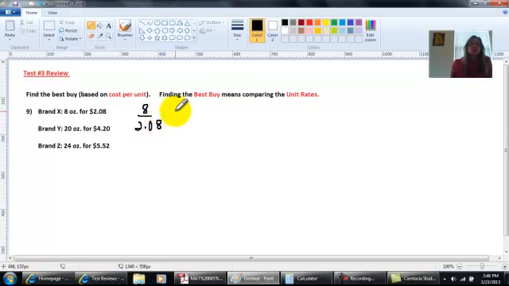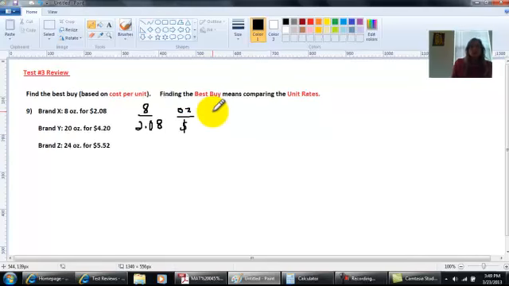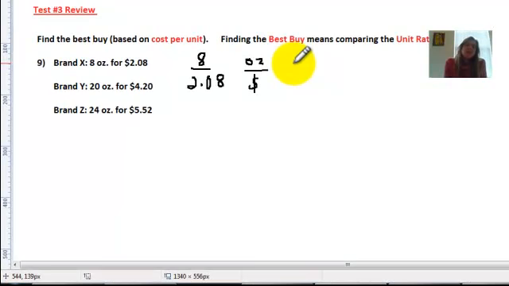That is ounce, and we'll use that abbreviation, per dollar. It's not dollar per ounce. So you have to pay attention when you get your comparisons. But we think in terms of cost per unit, which is dollar per ounce, not ounce per dollar. So that's where we have to be careful with this problem.